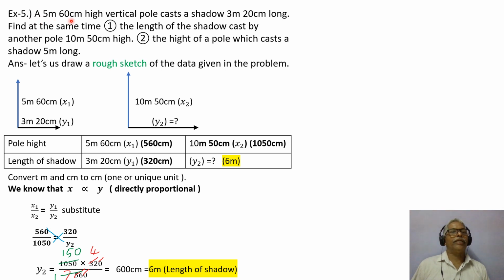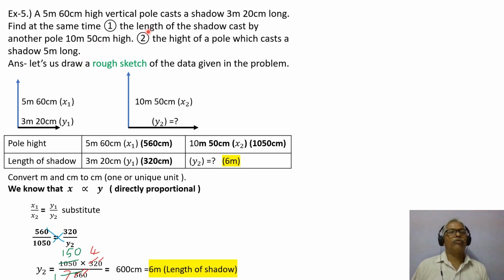A 5-meter 60-centimeter high vertical pole casts a shadow of 3 meters 20 centimeters long. Find, at the same time, first, the length of the shadow cast by another pole 10 meters 50 centimeters high, and second, the height of a pole which casts a shadow of 5 meters long.